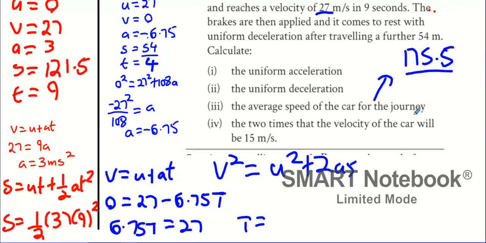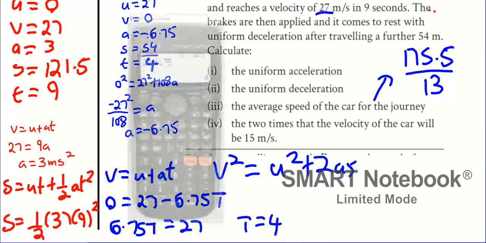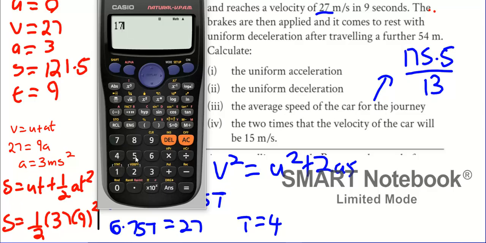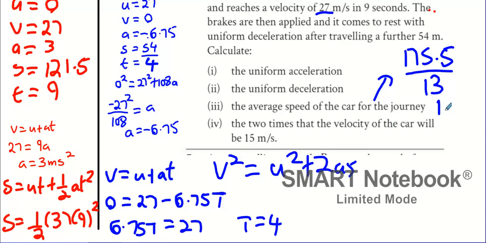How long did it take me to do that? 9 plus 4? 13. 175.5 over 13? Okay, 13.5 meters per second. You cool with that?